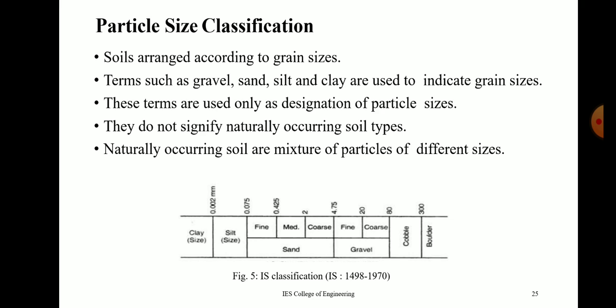For sand, the size is between 0.075 and 4.75 mm. The gravel is here divided into two, that is fine and coarse. For gravel, the size is between 4.75 and 80 mm. For cobble, the size will be between 80 mm and 300 mm, and for boulders the size will be more than 300 mm.